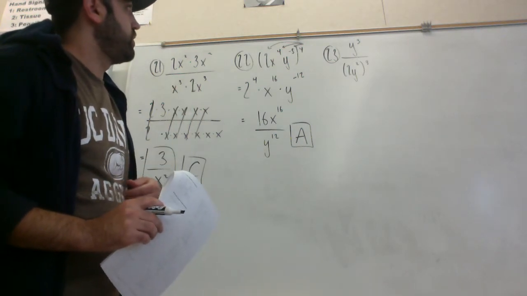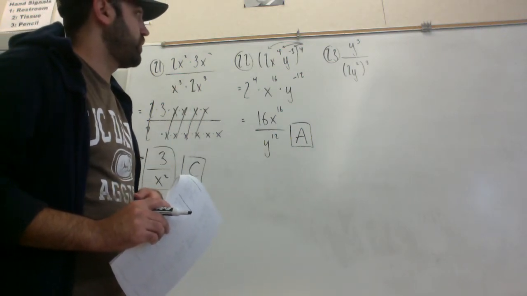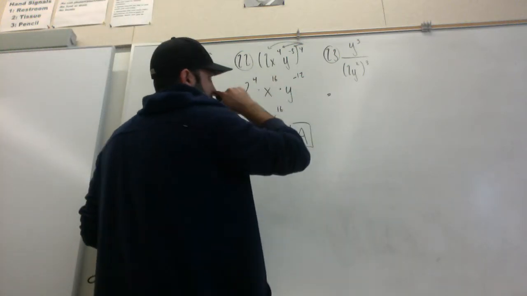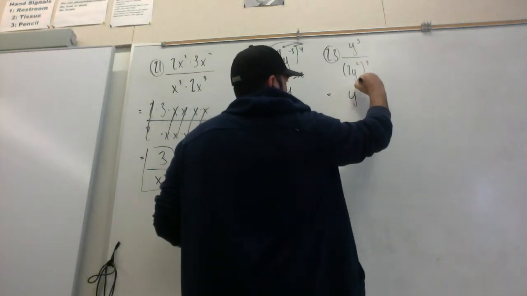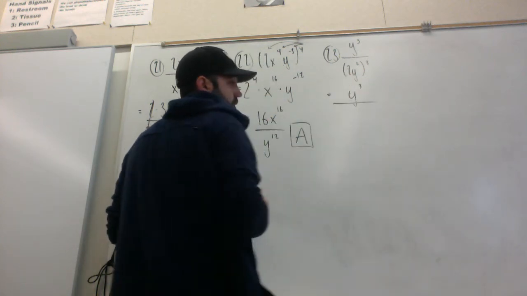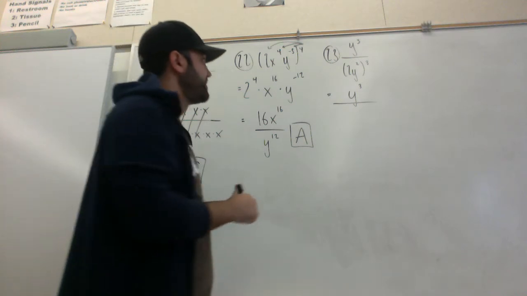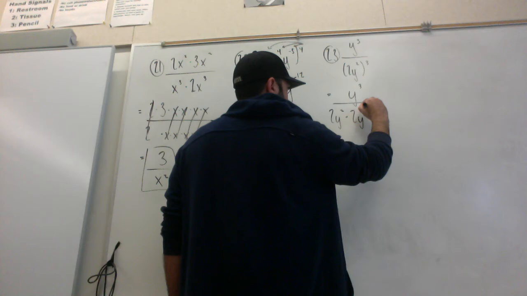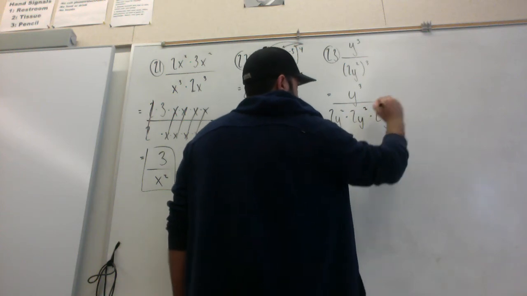Last one here. y to the third over 2y squared to the third. So I'm going to decompose this so I can show you what I meant on this one. So y to the third on top. And this is saying 2y squared 3 times, which would be 2y squared times 2y squared times 2y squared.